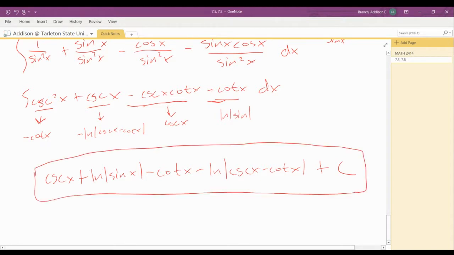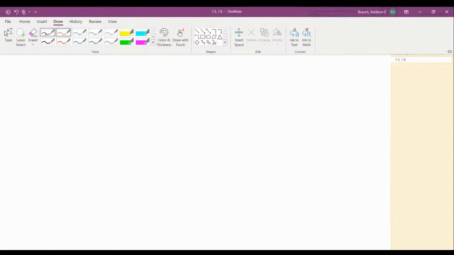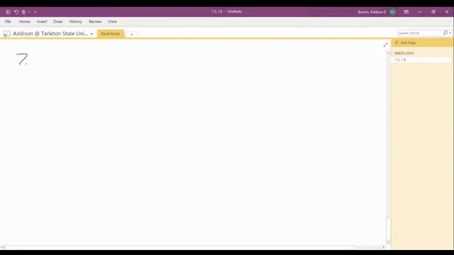So now we're going to move on to our second section for today. This section is going to be over improper integrals.